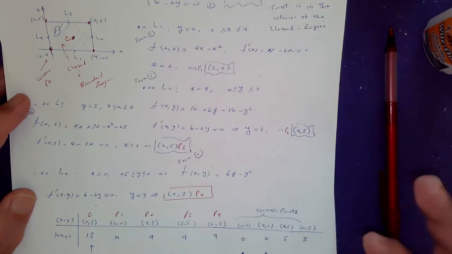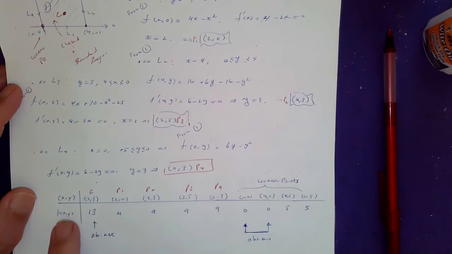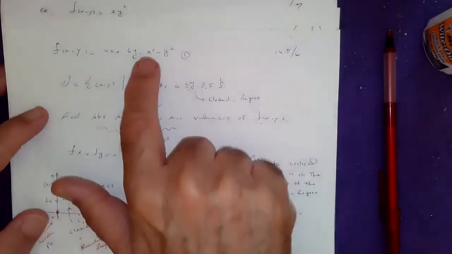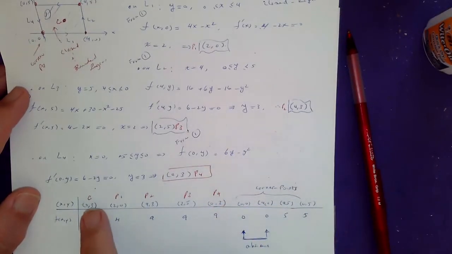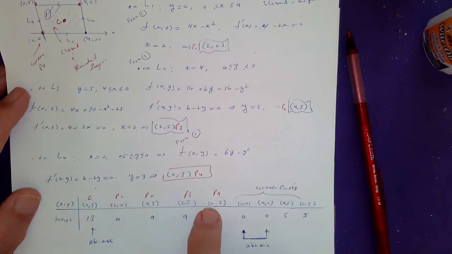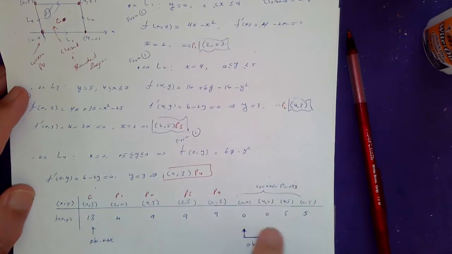There's no calculus involved, because once you have this, go back and evaluate the function at these ordered pairs, which consist of the critical values, the points which you got out of the boundaries, and the corner points. And now by inspection, see which one is the highest, which one is the lowest.